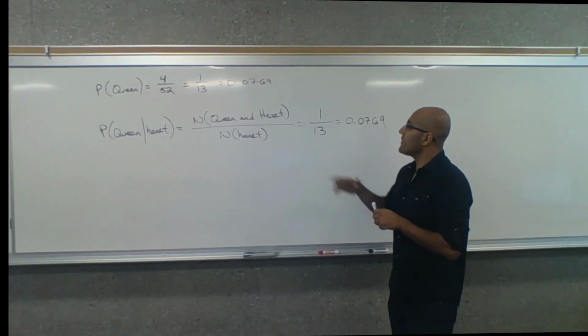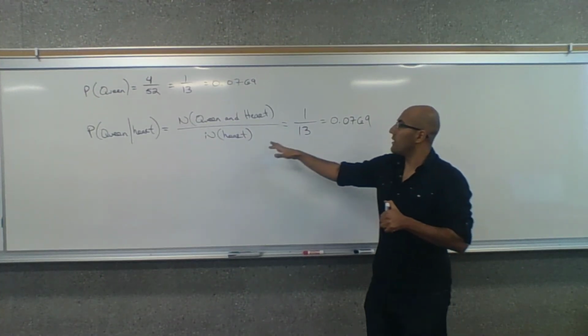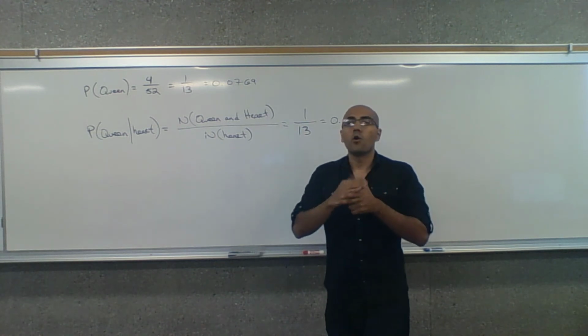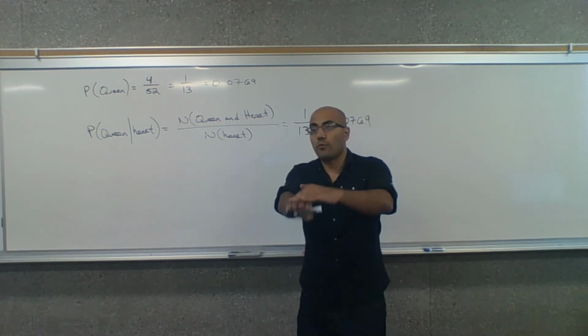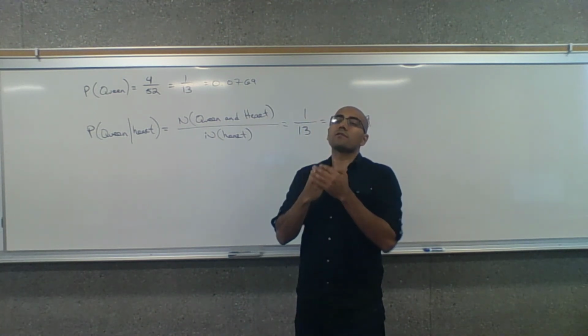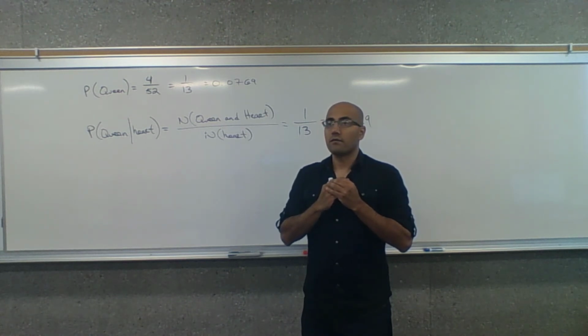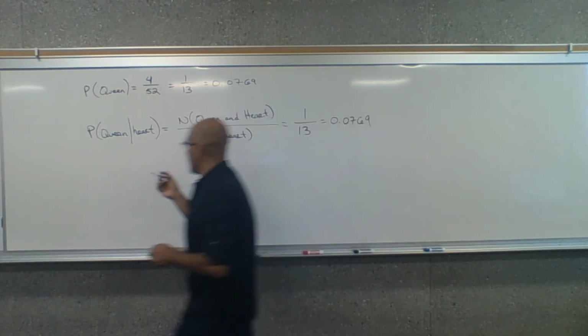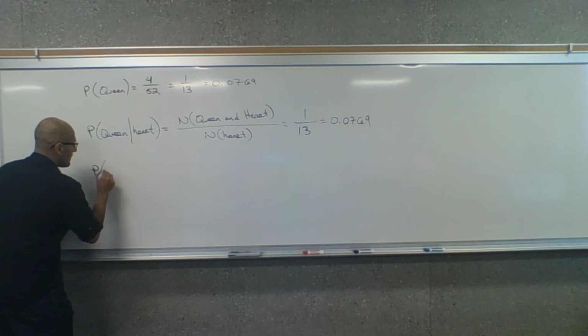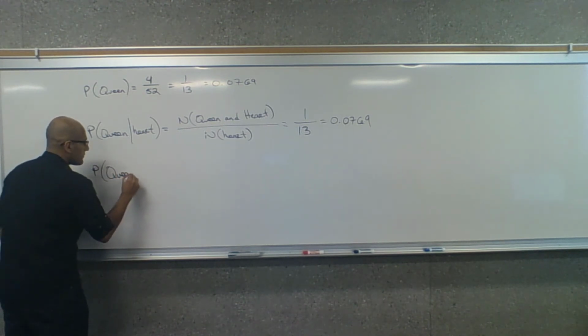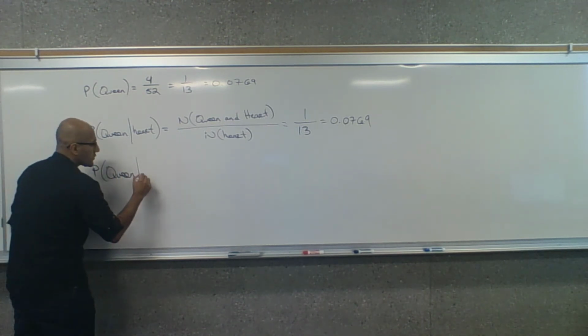We're good? What if instead of him saying it's a heart, he says the opposite? You pull out 1 card, he looks at it and says, I'll give you a hint, it's not a heart. The opposite, right? So what's the probability that it's a queen, given that he told you it was not a heart?